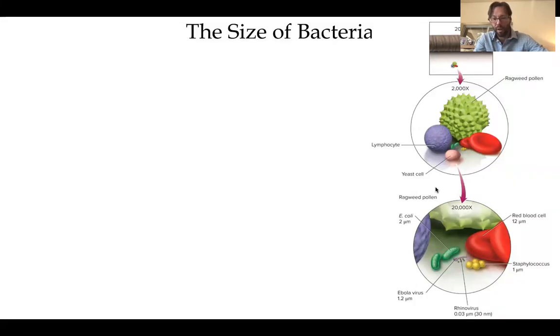And in fact, the rhinovirus is really small at 0.03 microns. Okay, so to give you an idea of how these things stack up in terms of size. But you don't need to know this for any quiz or test. You don't need to know that E. coli is 2 microns. Okay, just again, to put it in perspective.